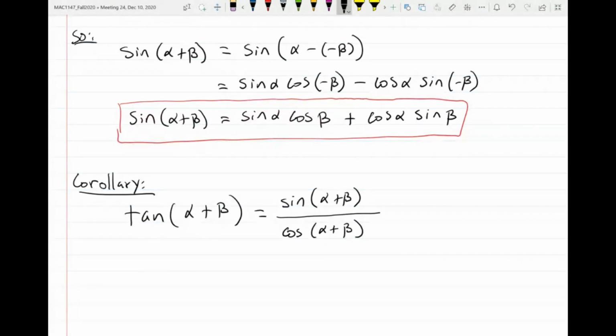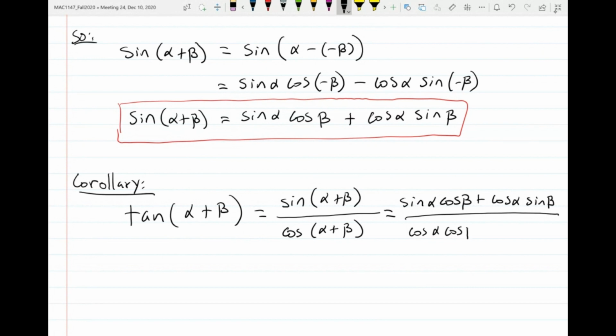And now let's use the formula for each of these. So sine of alpha plus beta, that would be sine of alpha cosine of beta plus cosine of alpha sine of beta. And then the cosine of alpha plus beta, that's cos cos minus, remember it changes the sign, and then we have sine sine.